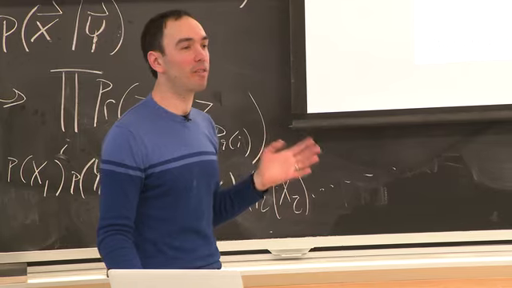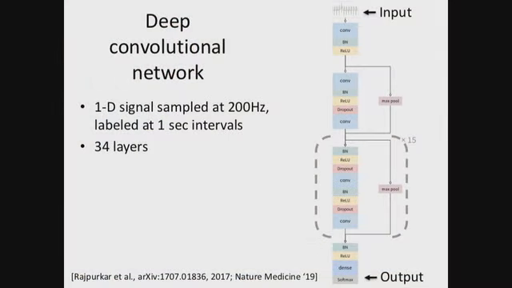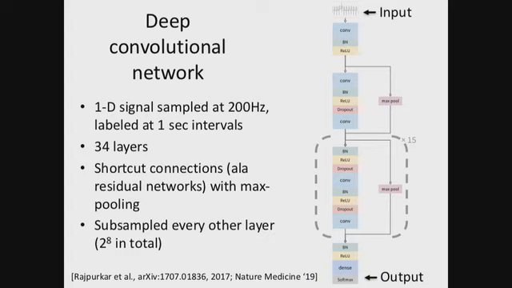So what is their convolutional network? Well, first of all, it's a 1D signal, so it's a little bit different from the convnets you typically see in computer vision, and I'll show you an illustration of that in the next slide. It's a very deep model, 34 layers. So the input comes in on the very top in this picture. It's passed through a number of layers.